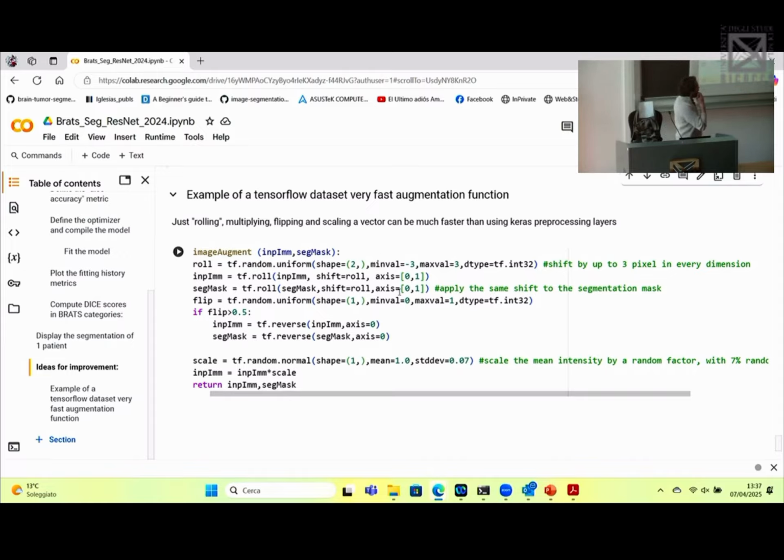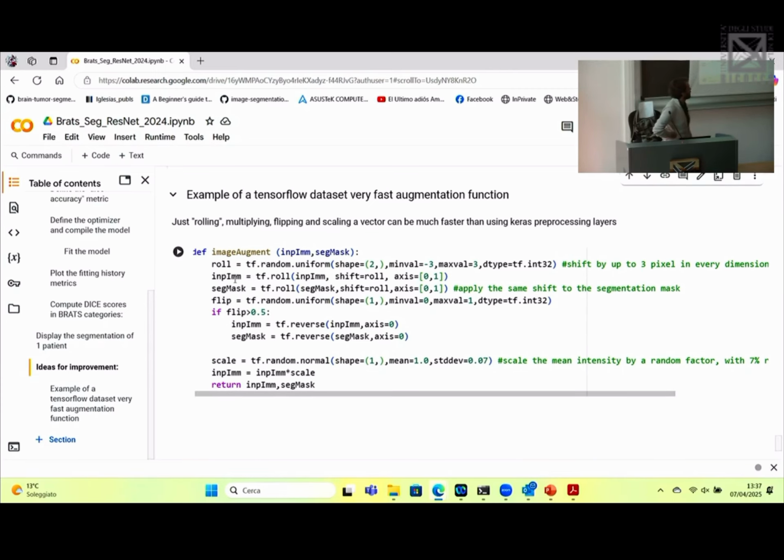And of course, we do it only on the first and second dimension, which are the ones related to the XY direction, and we don't do any rolling on the channel axis. Be sure to remember to also roll the labels, because otherwise you are giving some blurring, the network will learn some blurring, and that's something you definitely don't want.